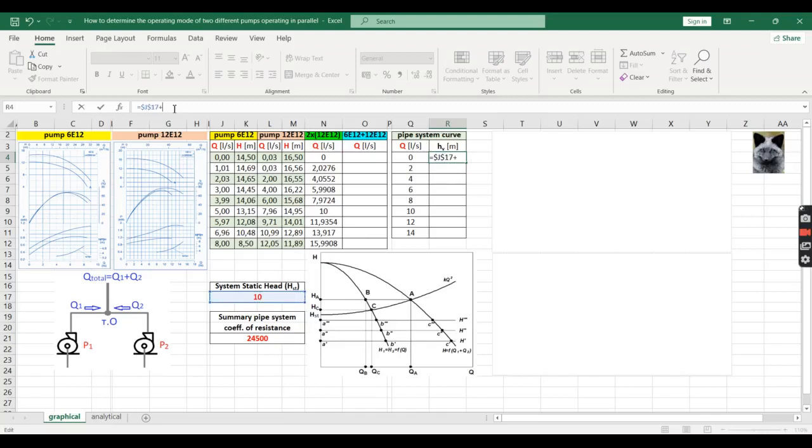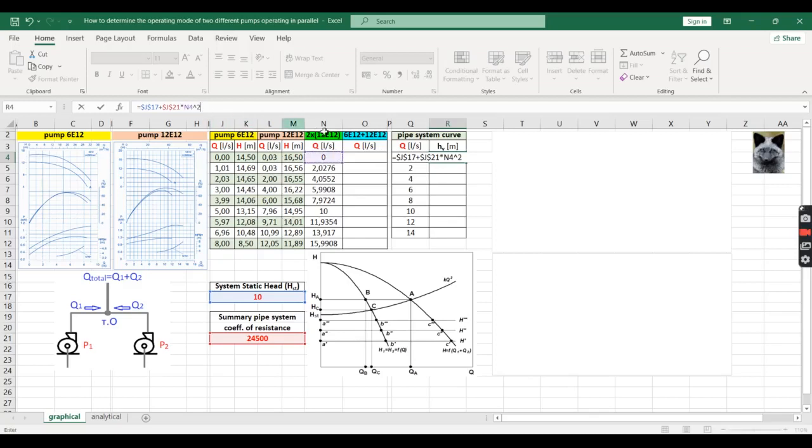And we have to sum it with the multiplication of the summary pipe system coefficient of resistance, which is another constant, that is multiplied with the relevant flow rate put to the second power.